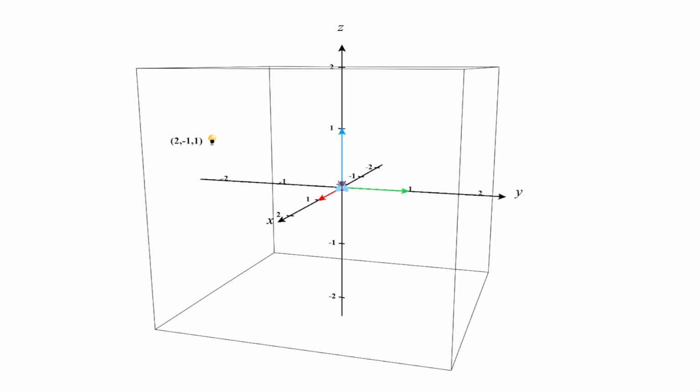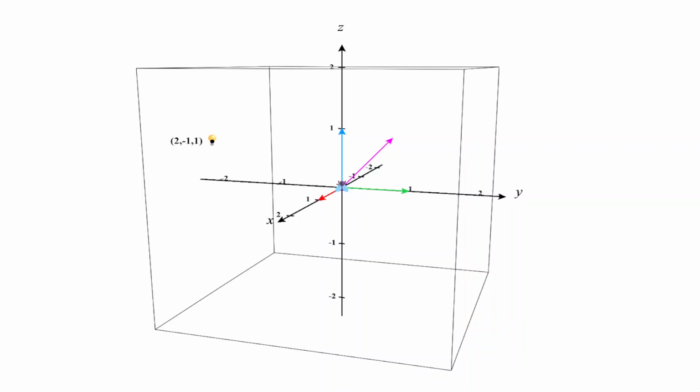In terms of linear algebra terminology, we would say that R3 is the span of these three vectors. It's also the span of the four vectors if we add in 1, 1, 1, but that vector was somewhat extraneous. We didn't need it to get to every point in R3.